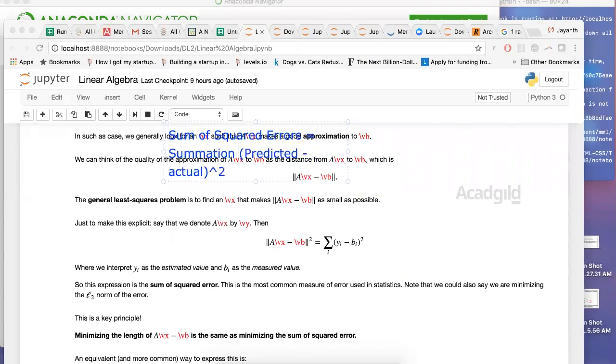Does this make sense? Basically, we have some predicted set of points and then we have the actual points. We take the difference, square them and add them. That's it. One of the most commonly used methods of statistics. We'll just review that really quickly.